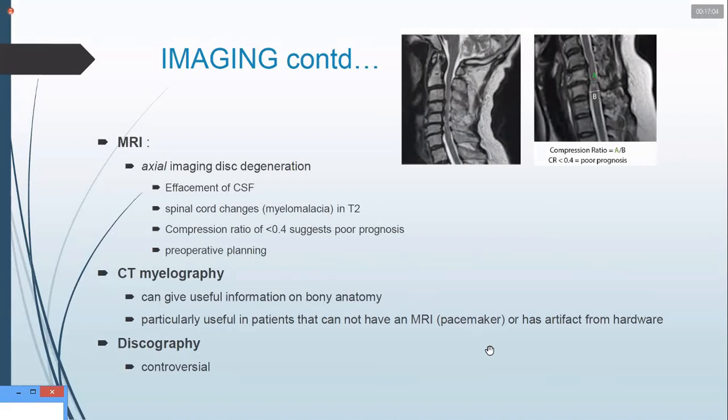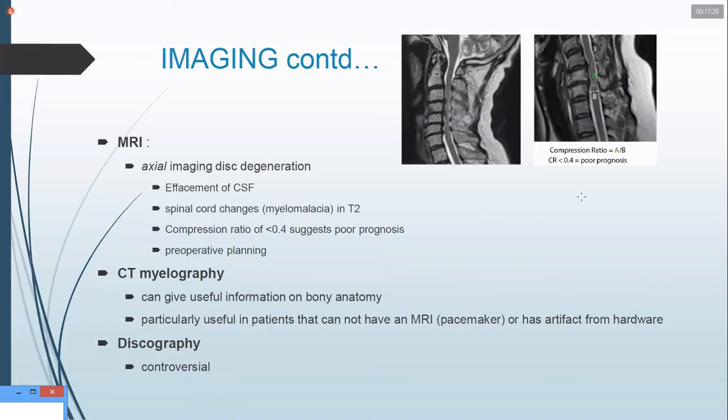Different changes are effacement of the cerebrospinal fluid and myelomalacia, spinal cord changes. Like here in this picture, we can see increased T2 density inside the spinal cord. That means there is myelomalacia, a permanent damage inside the spinal cord, especially seen in this T2 image.